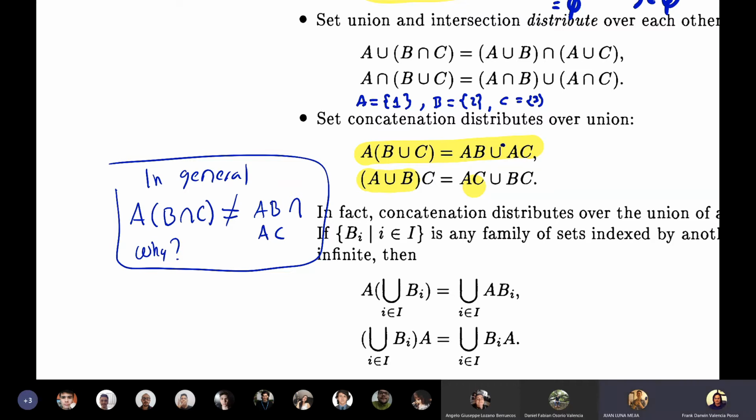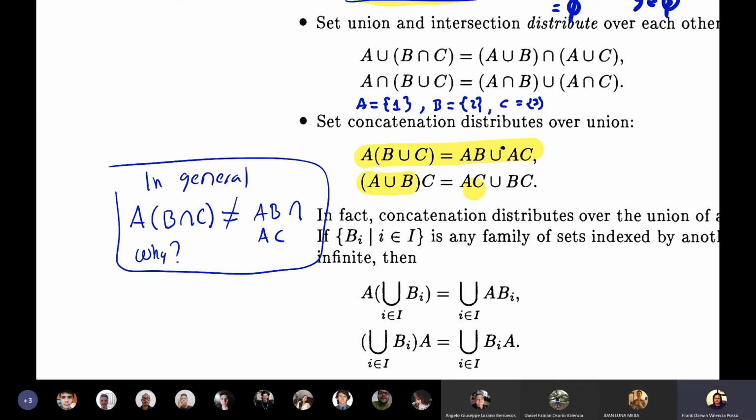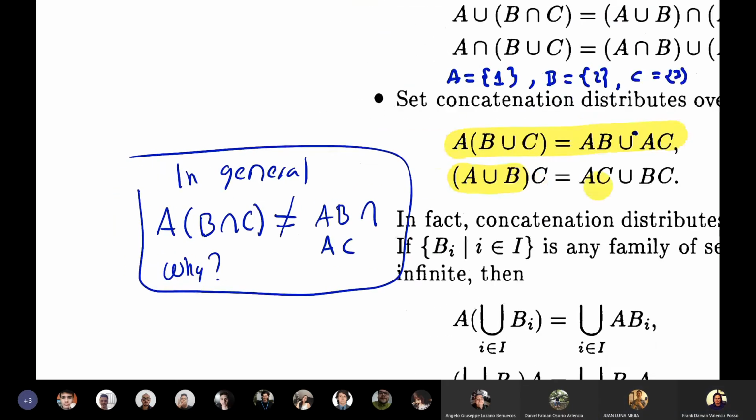Okay, so I'll give you 5 minutes to think about it. Or you have the counterexample now. So do you understand the question? Let's say Diego Andres, do you understand what we're asking here?